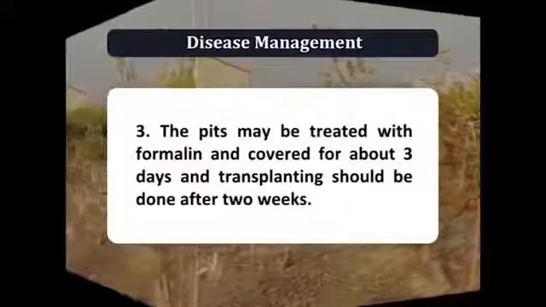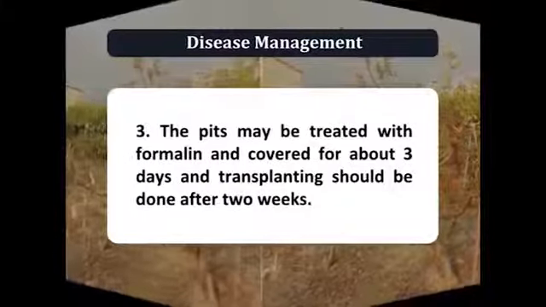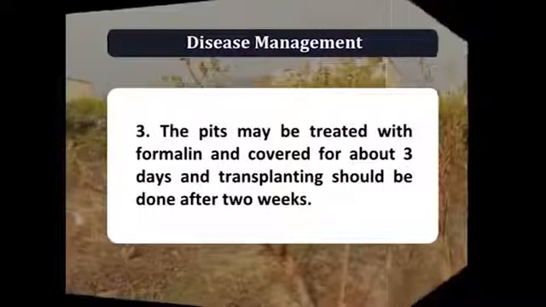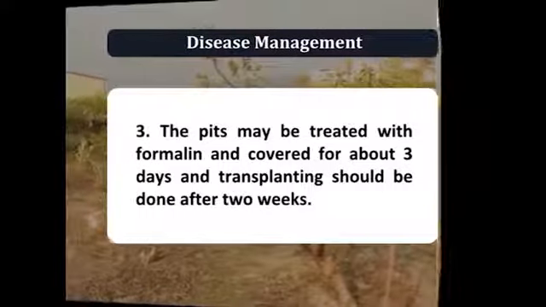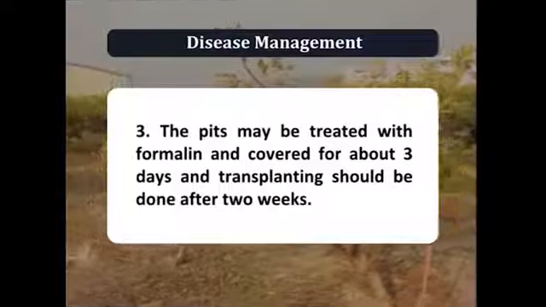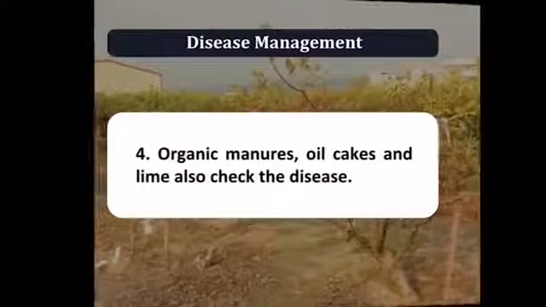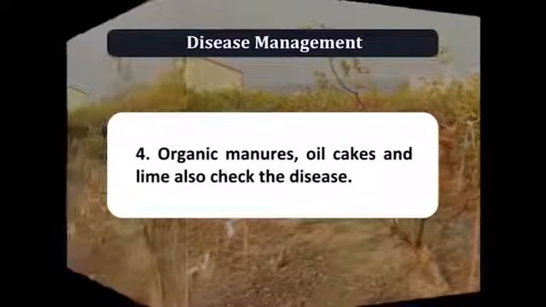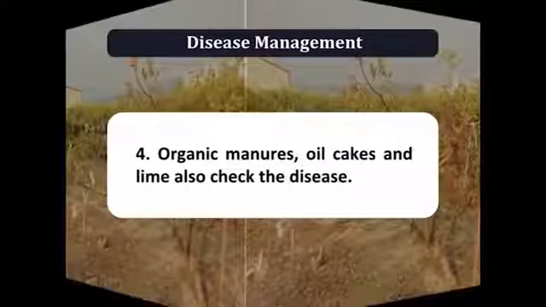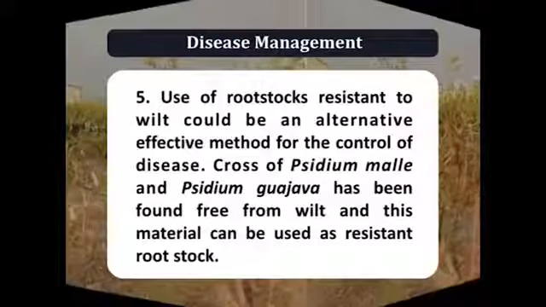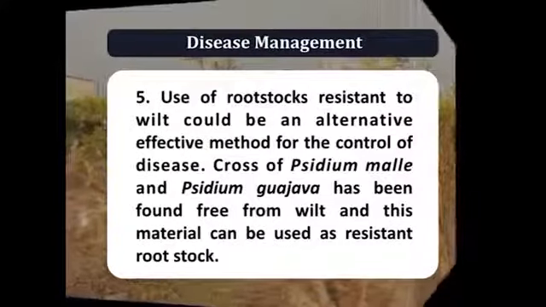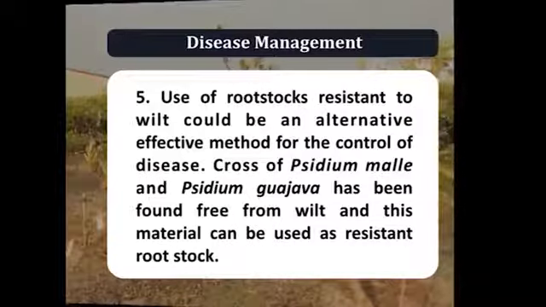The pits may be treated with formalin and covered for about 3 days, and transplanting should be done after 2 weeks. Organic manures, oil cakes and lime also check the disease. Use of rootstocks resistant to wilt could be an alternative effective method for control of the disease.